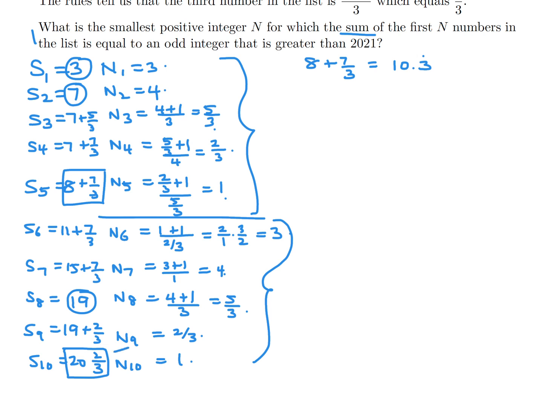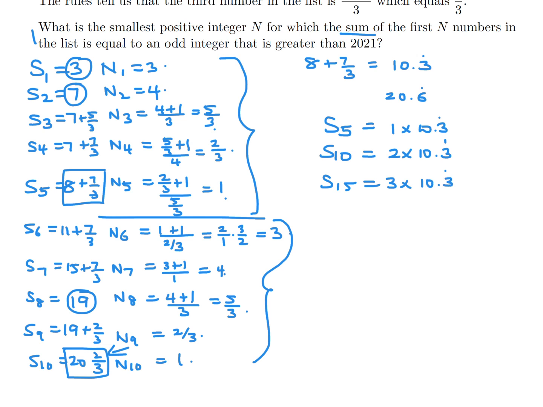So this one here is 2 times that, which is 20.6 repeat. And that is indeed the case. Okay, I got it. So since S5 is 1 times 10.3 repeat, S10 would be 2 times 10.3 repeat. And then S15 would be 3 times 10.3 repeat, and so on. You guys get the idea. S20 would be 4 times 10.3.